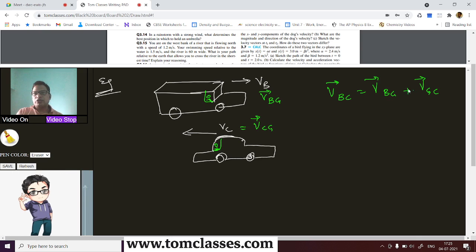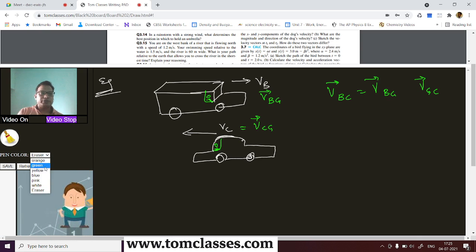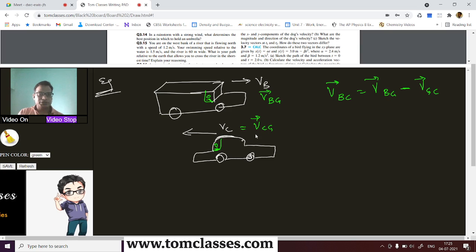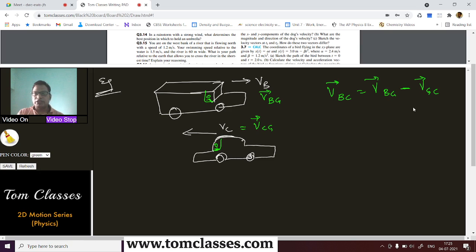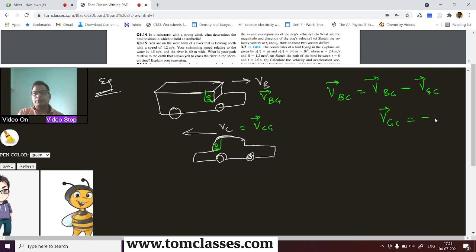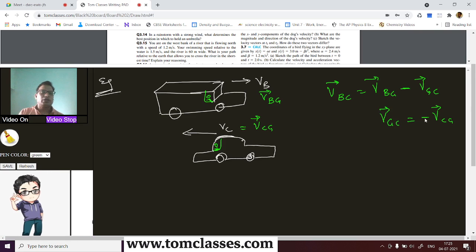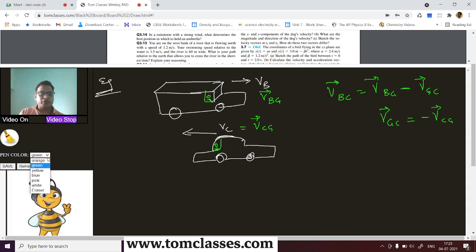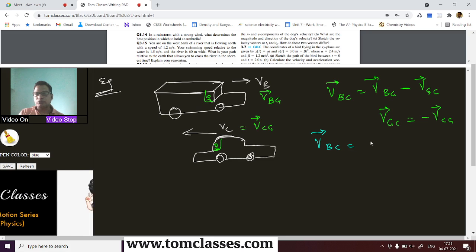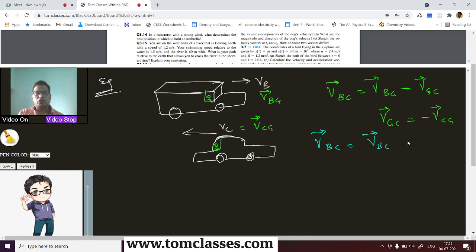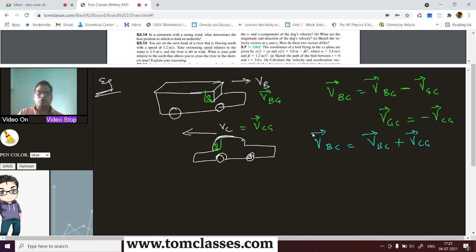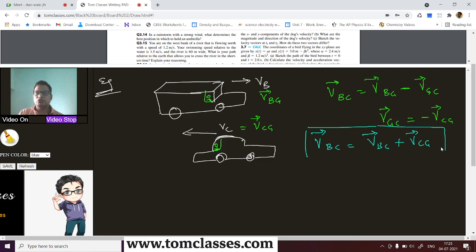So this equation gets modified with a negative sign over here, because your velocity vectors are in opposite directions. Since velocity of ground with respect to car is in the opposite direction of car to ground, if I put this modified equation over here, velocity of bus with respect to car will become velocity of bus with respect to ground plus velocity of car with respect to ground. That is the modification which happens over here.